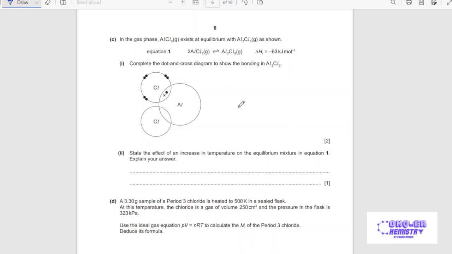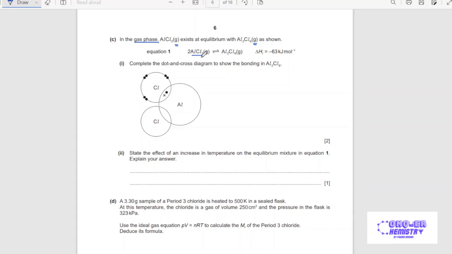Right, now it says in the gas phase, AlCl3 gas exists at equilibrium with Al2Cl6 gas. All right, this is the equilibrium. Now, in this situation, this is another molecule that's part of your syllabus. 2 AlCl3 molecules are going to combine to give you Al2Cl6, right?